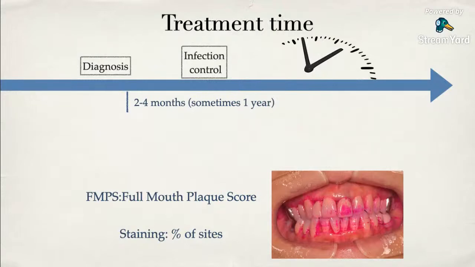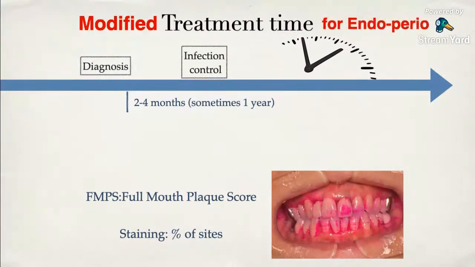So I can share the treatment timing and treatment strategy. This is originally from Sandro Cortellini, but I modified the treatment time for Endo-Perio. If you diagnose Endo-Perio, first you may do the endodontic treatment, and you can wait 3 to 6 months.